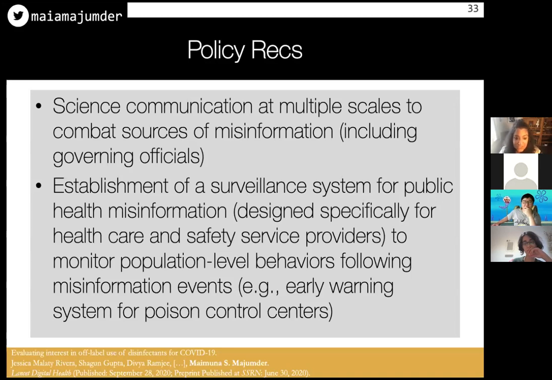Second, a surveillance system for public health misinformation should be established using novel digital data sources that allow us to monitor population level behaviors following misinformation events. But by designing such a system specifically for healthcare and safety service providers, decision-making tools like the early warning system for poison control centers that I just mentioned can be effectively brought to fruition.